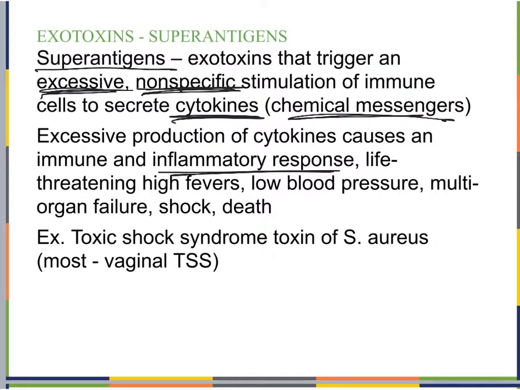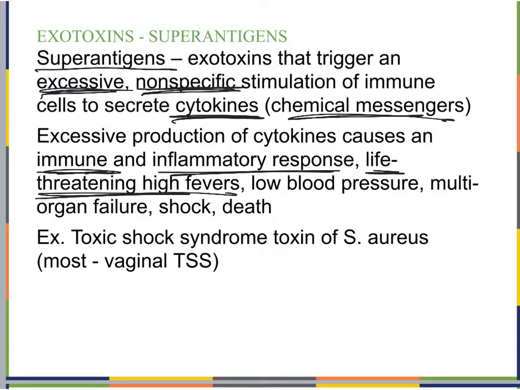Now, when we have a superantigen, this causes, again, an excessive, non-specific release of these cytokines. And since it's excessive, this causes an excessive immune response, an excessive inflammatory response. Oftentimes, this leads to life-threatening high fevers.